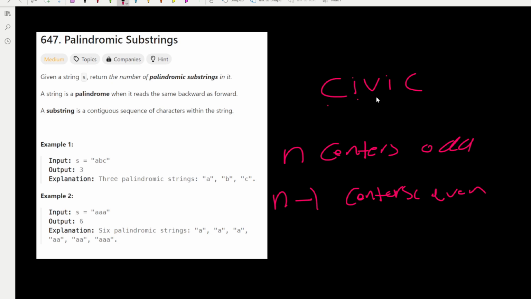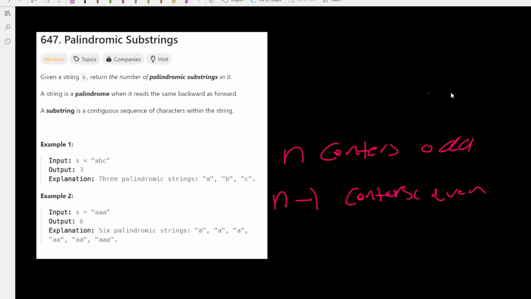Well, we have 1, 2, 3, 4, 5 characters, but how many potential even centers do we have? We have 1, 2, 3, and 4. Try it again for the word, let's say noon. So we have n, o, o, n. We have 4 characters, but how many potential even centers? We will have 3. We have no, we have oo, we have on.